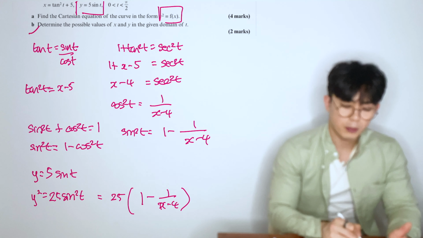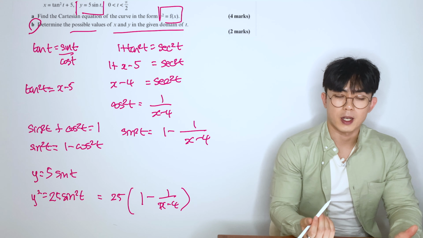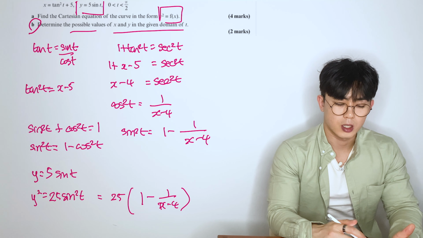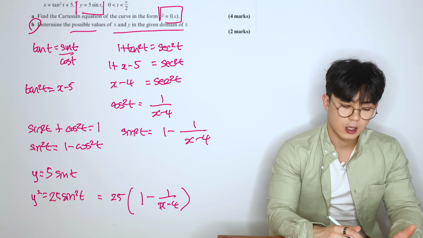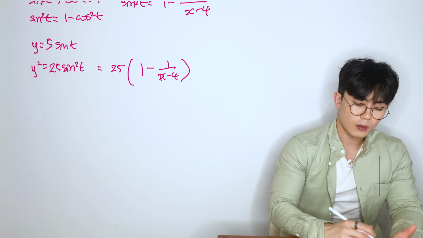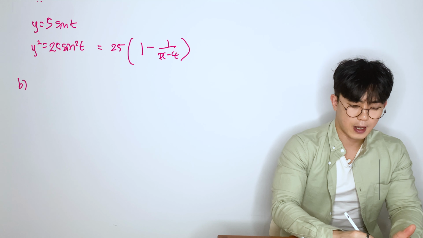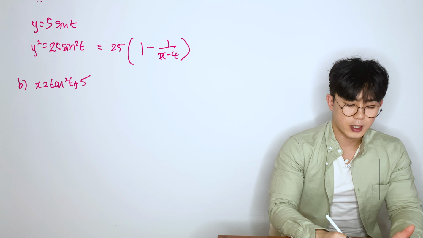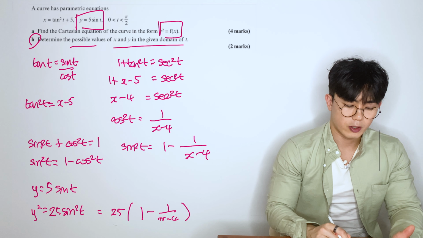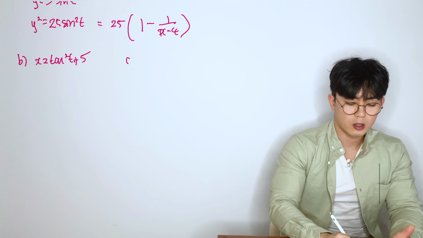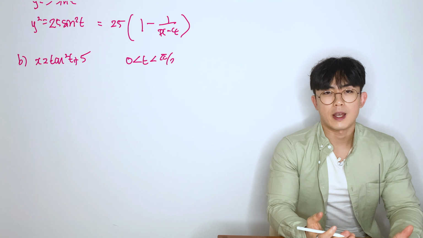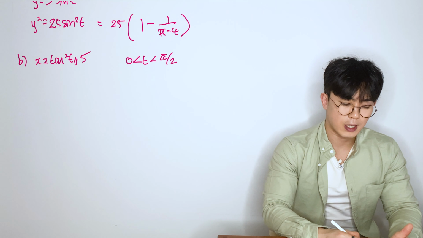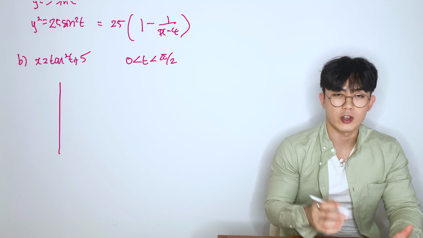Right, B, determine the possible values of x and y in the given domain of t. This just means find the domain and range of the Cartesian. So once again, we just sketch each one. So first things first, x is tan squared t plus 5, where t is between 0 and pi over 2. For this one here, we haven't really learned how to sketch a tan squared graph, right? So in this case, rather than sketching, we should try and visualize it.